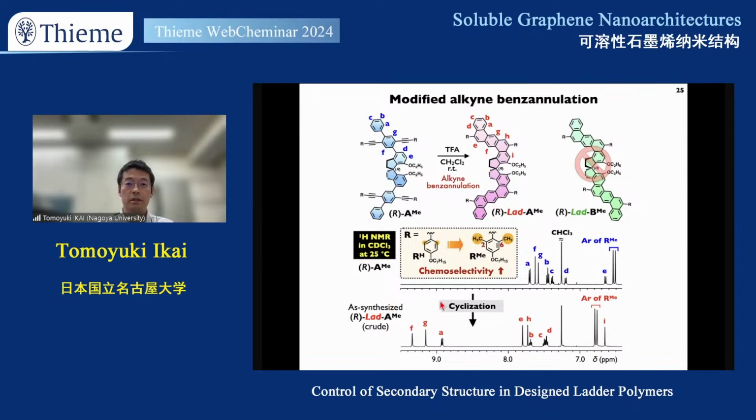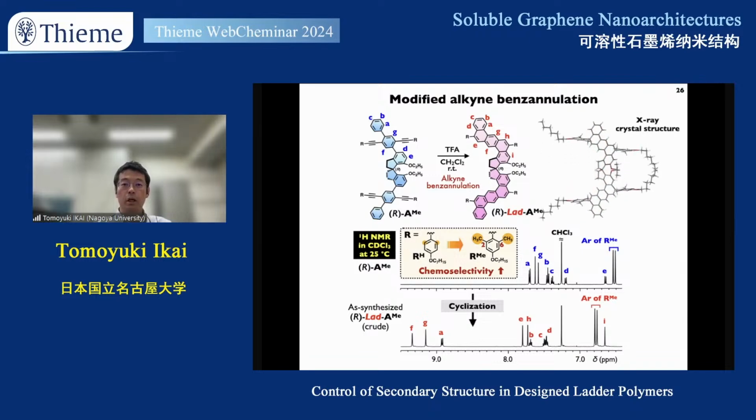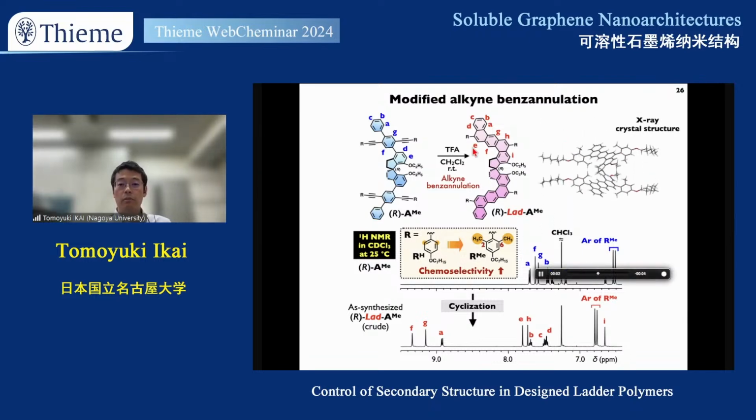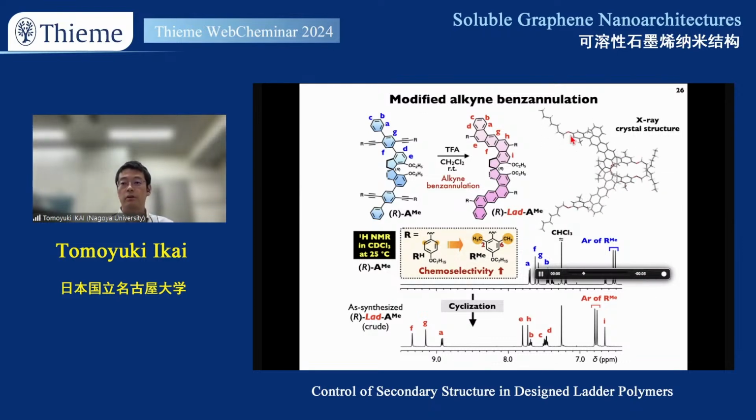This cyclization product shows a very simple NMR, even without purification, and all of the resonance peaks could be assigned to the expected compound. We also confirmed the formation of this compound by crystal X-ray analysis.